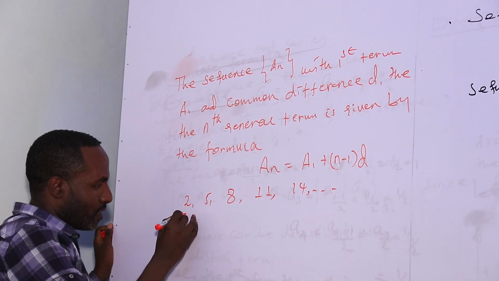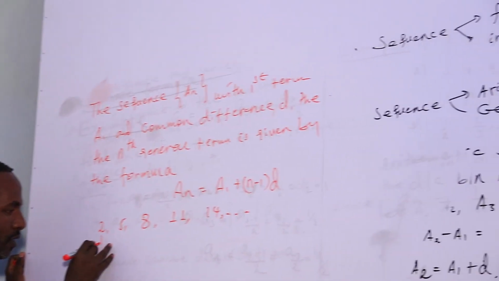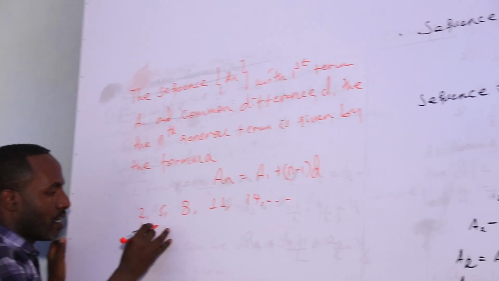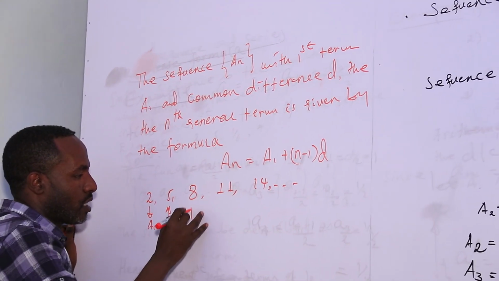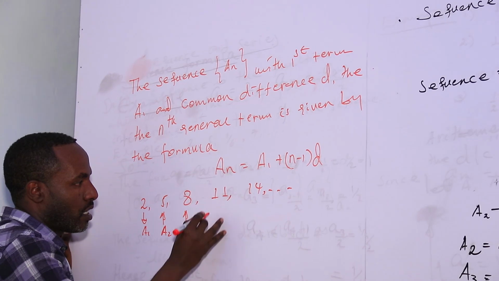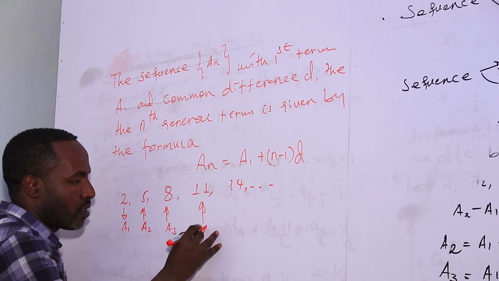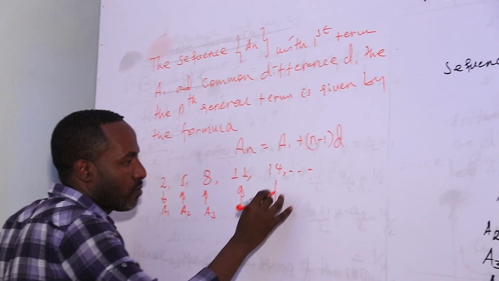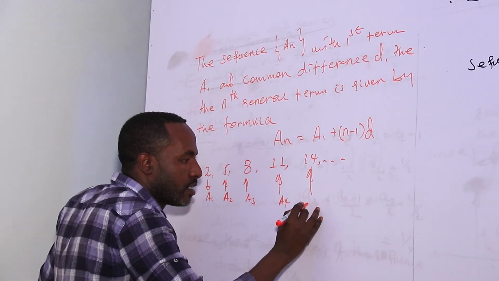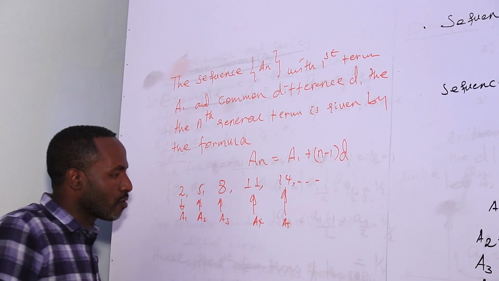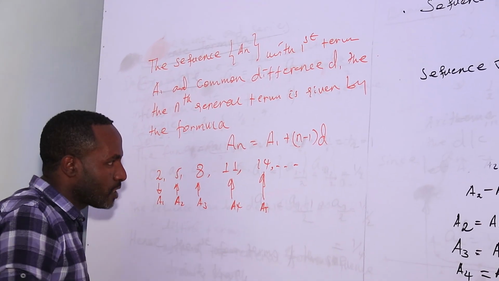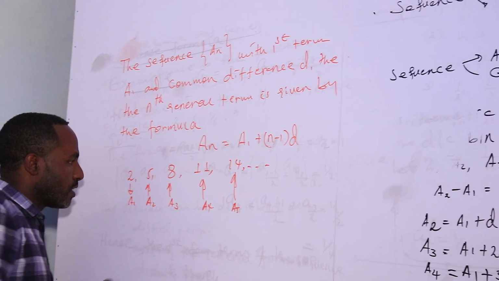Assume that this is the first term, a1, and this is a2, this one is a3, this one is a4, and this one is a5. We can tell by using the formula what the fifth term of the given sequence will be.